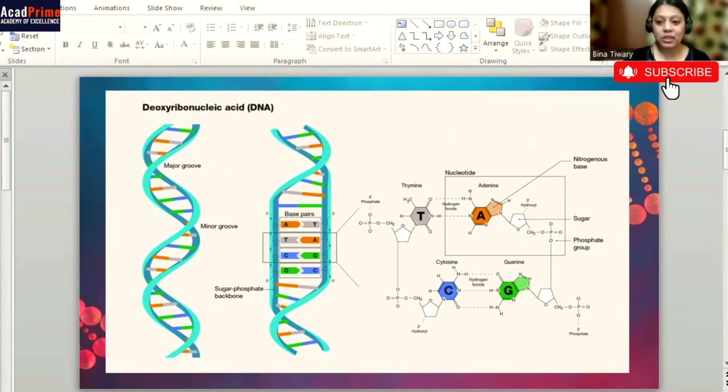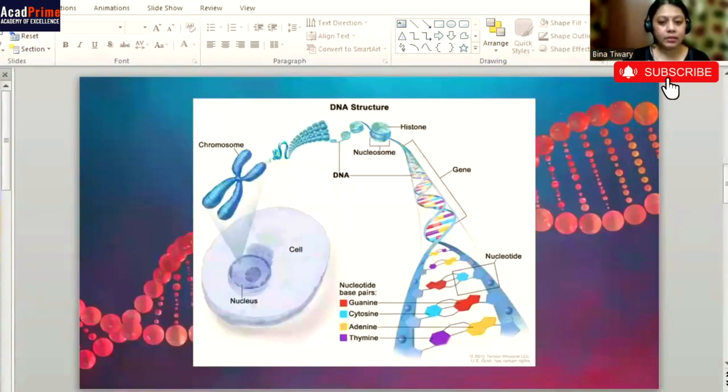Now this DNA molecule, or better to say this DNA polymer, is present in a long strand, right? But it will join together on an octamer. That octamer is histone protein. H1, H2A, H2B, H3, H4. These are some of the histone proteins.